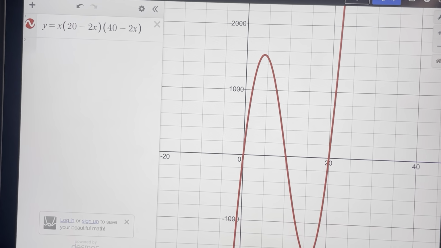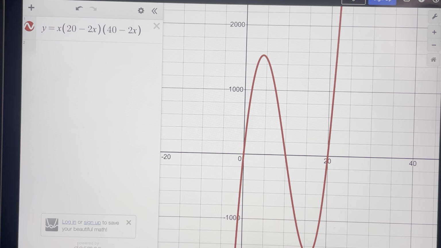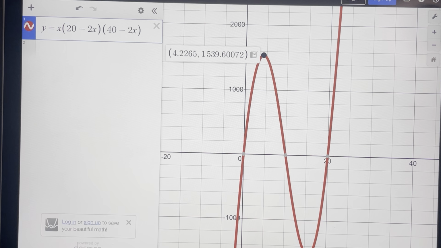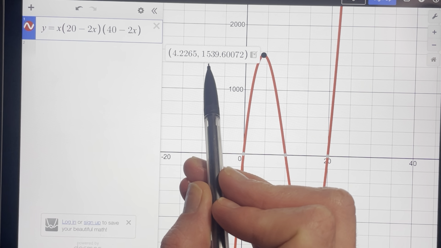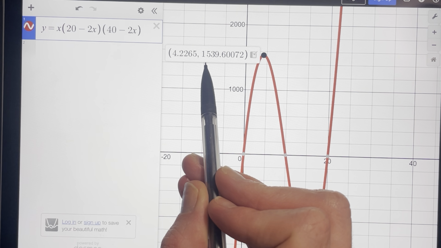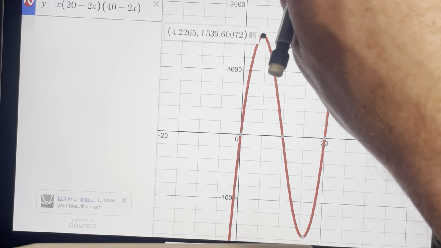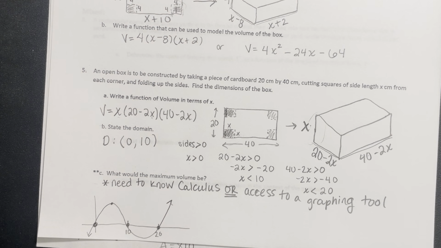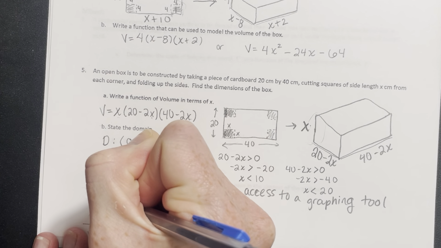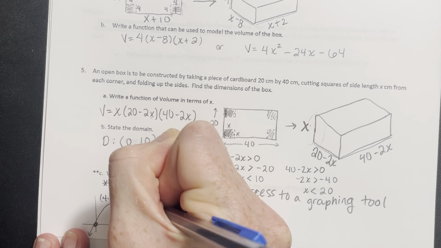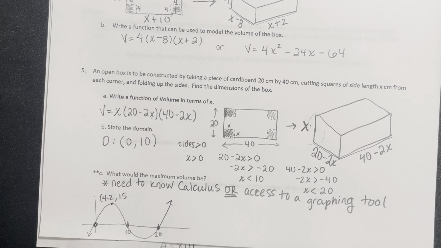As we look at Desmos here, we have the function and its modeled volume. We can find where that maximum is. So that maximum is at 4.2 something, and the maximum volume is 1,539.6. Because we don't know the actual maximum without a graphing tool, maybe we would need to be given a graph of this.